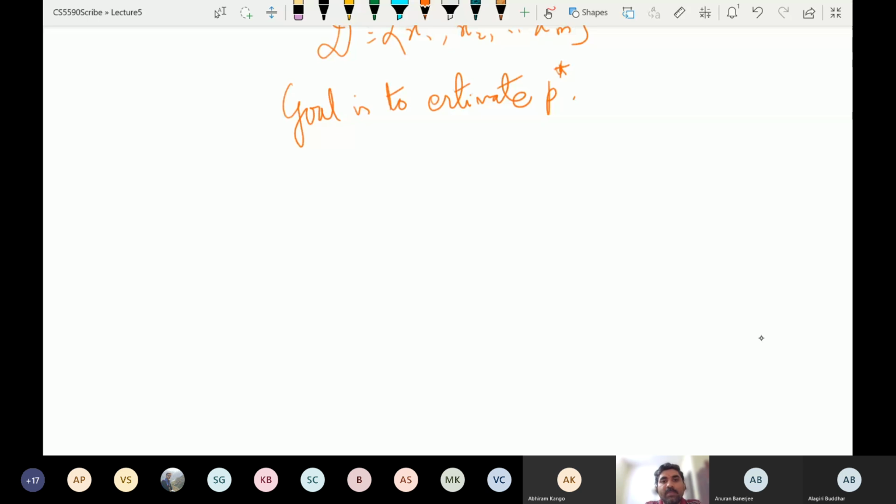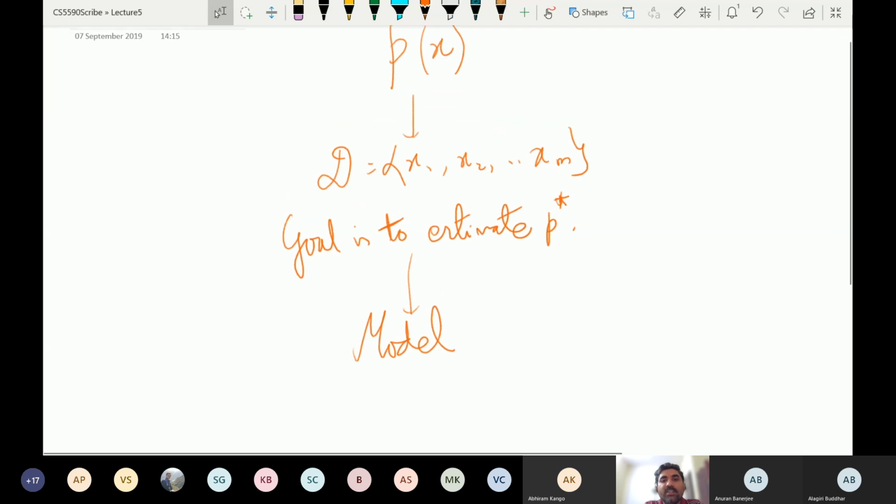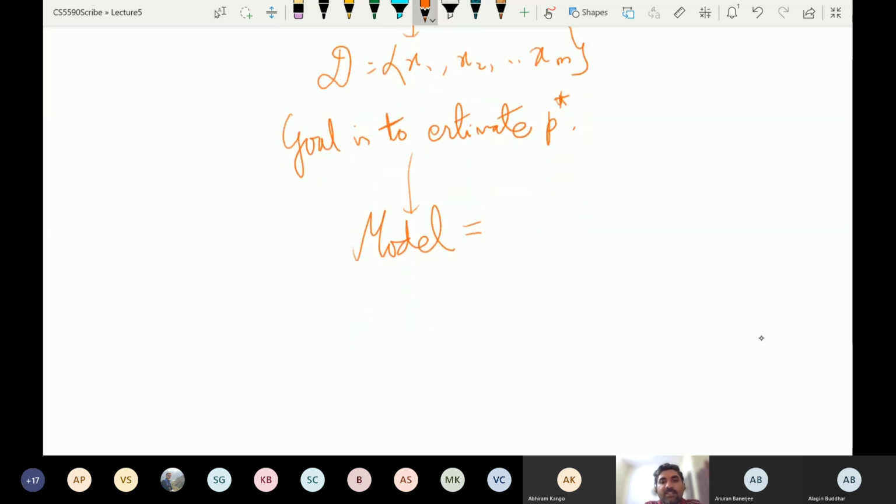First of all, to estimate P star, we assume a model, like in the case of non-probabilistic modeling where we had the inductive bias. Here we also have a choice, a valid set of candidate likelihood functions, and our assumption is that P star belongs to this model.